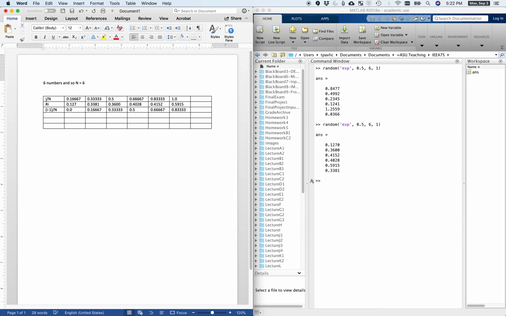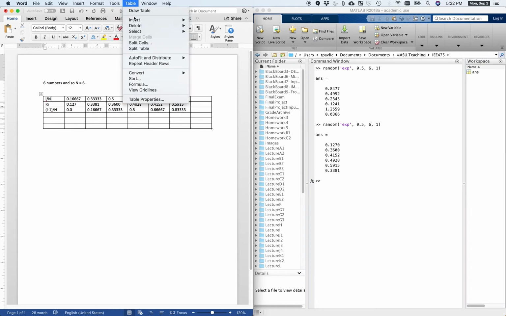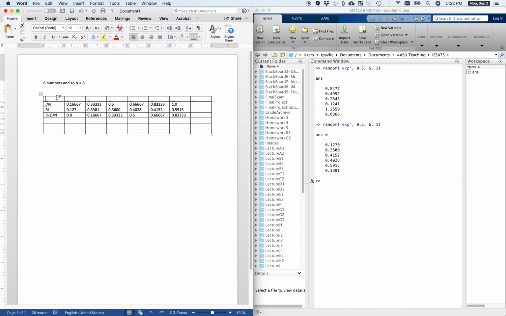If I wanted to, I could go up to the table and insert a row above this, and call this i, and then you could say this is 1, 2, 3, 4, 5, and 6. So you can think of this Ri, like R1 is the lowest in the rank, R2 is the next lowest, and so on when they're ranked by their value here.